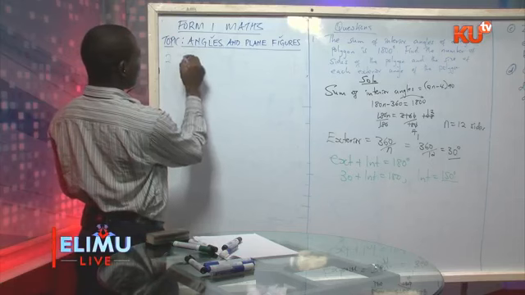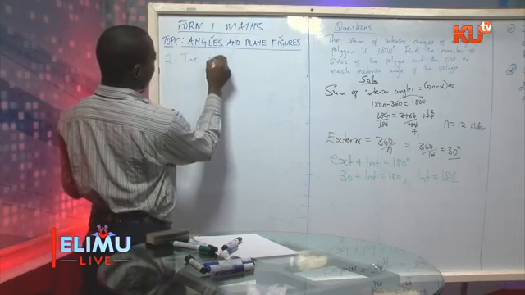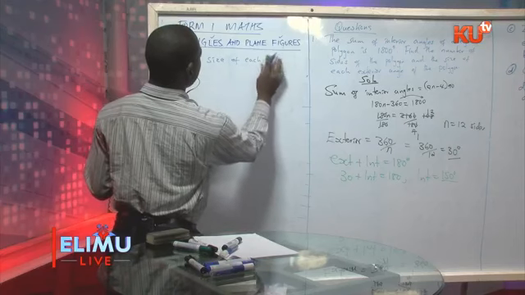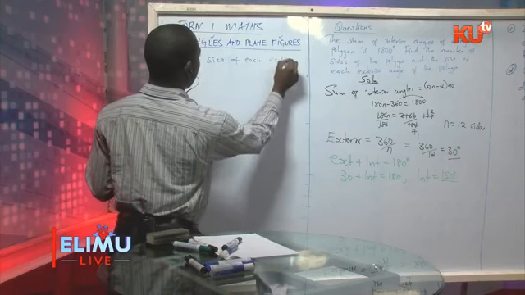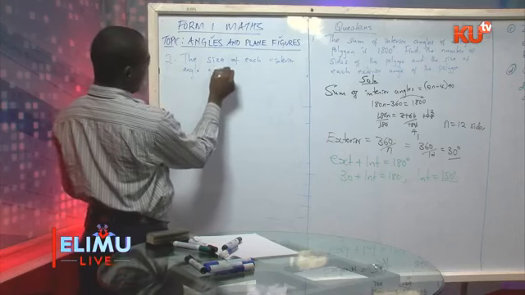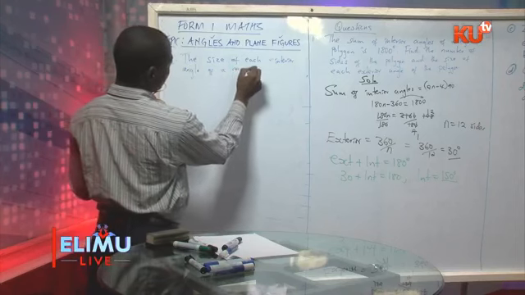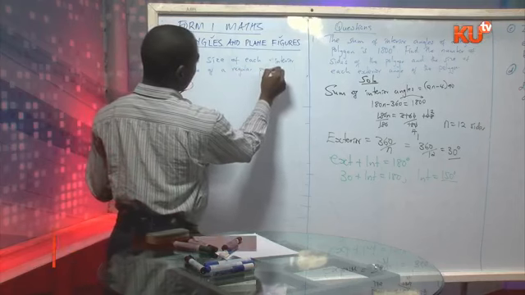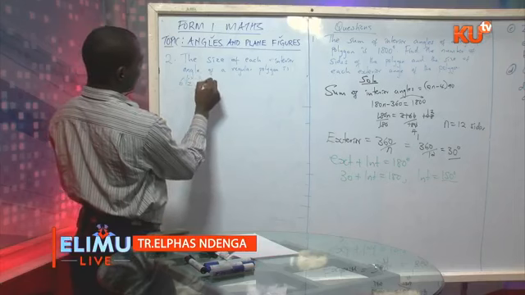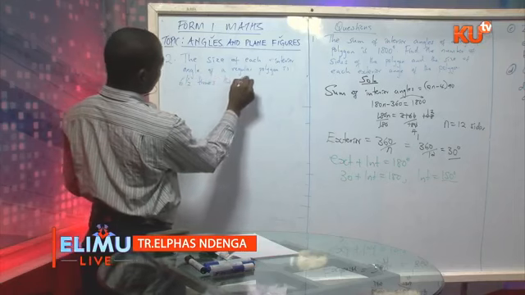You're told that the size of each interior angle of a regular polygon is 6.5 times the exterior angle.